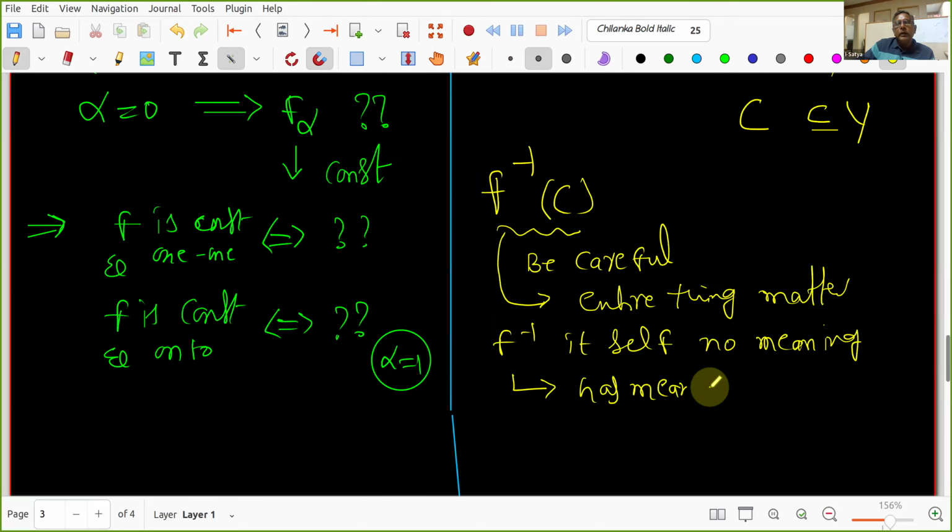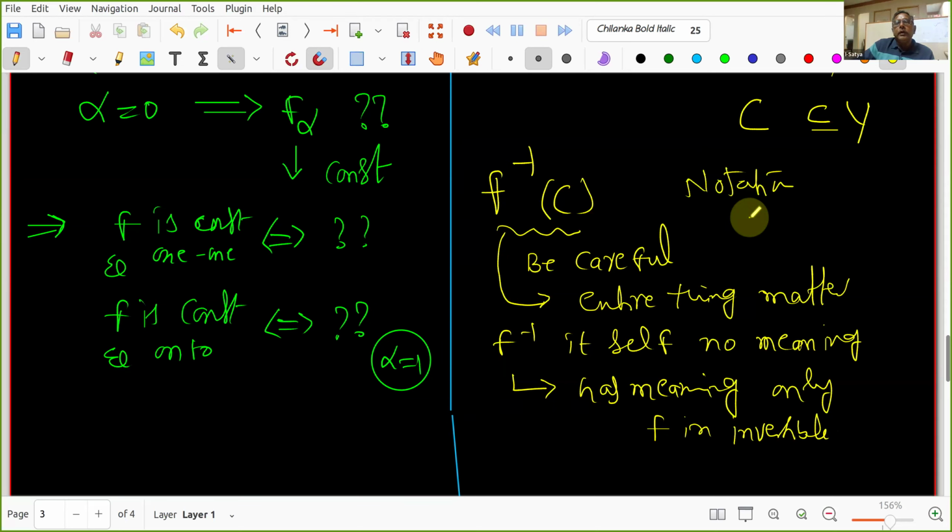If time permits, I will tell you that it has meaning only when f is invertible. In mathematics, this is the one place where the notation creates confusion, a notation confusion.